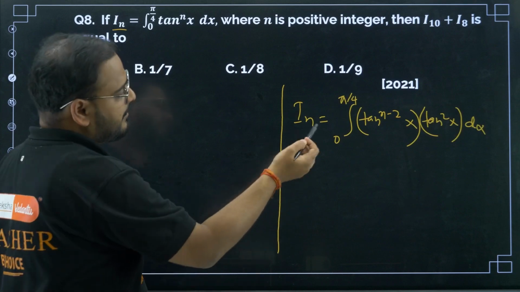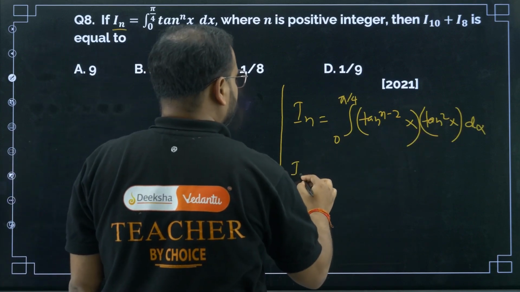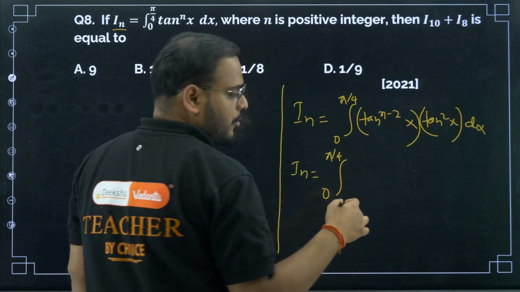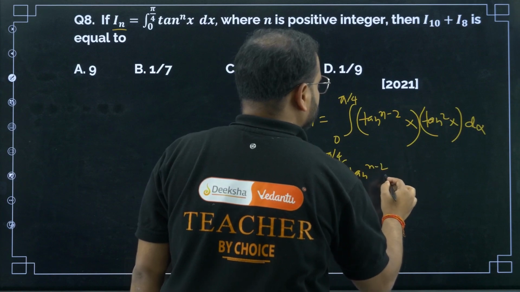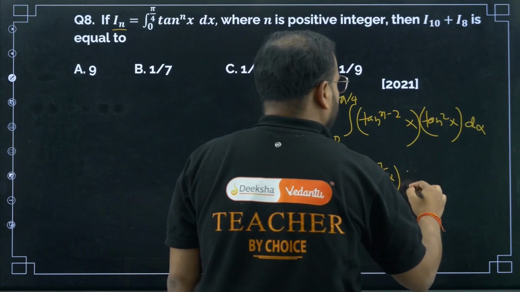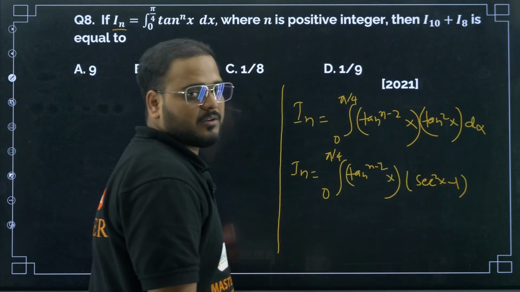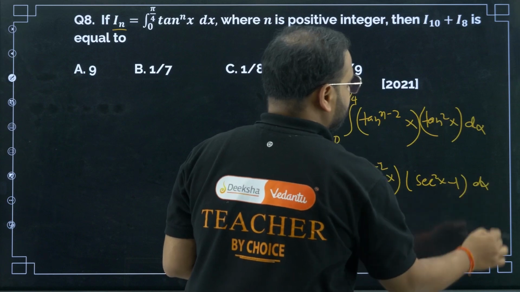Same base, the power can be split like this. So I can write tan square x as sec square x minus 1, because 1 plus tan square is sec square. So this is tan of n minus 2 x times sec square x minus 1, dx.